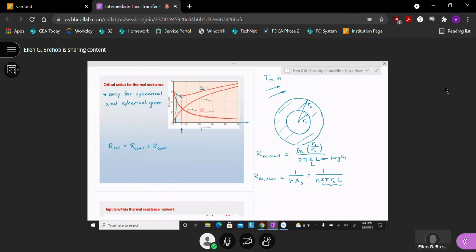So maybe now is where I should write my definition. Below, and this is for this particular case, R critical is where we hit the minimum.